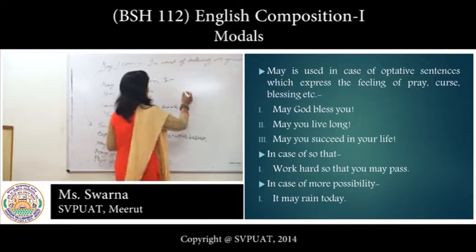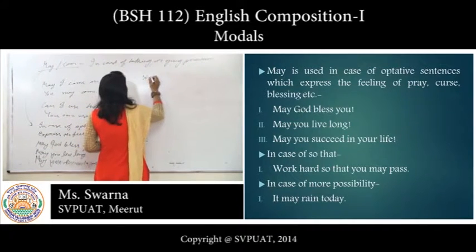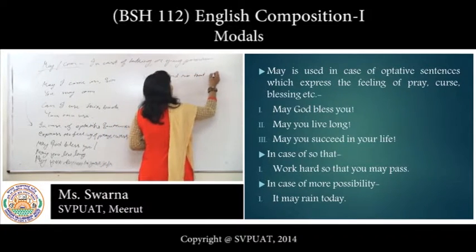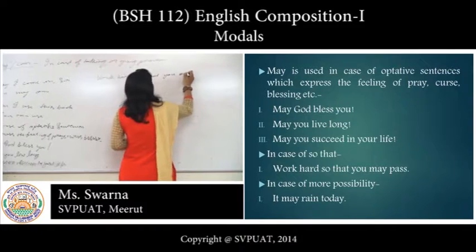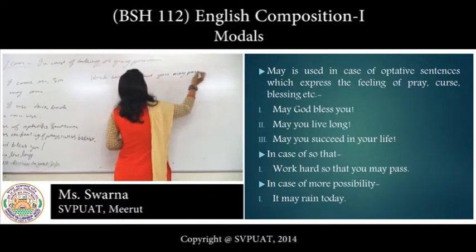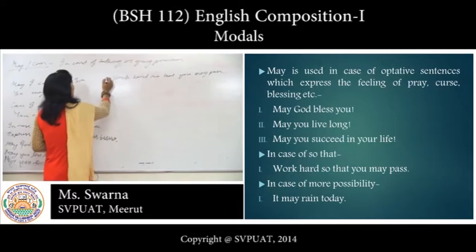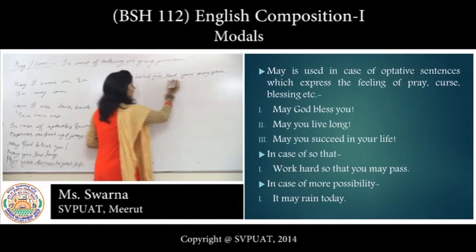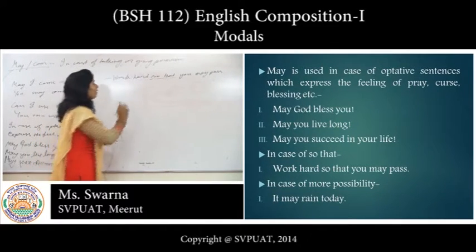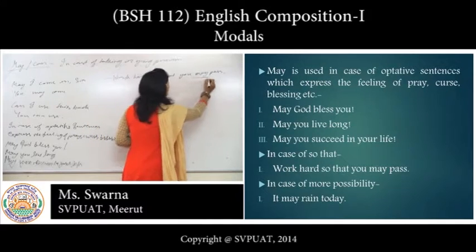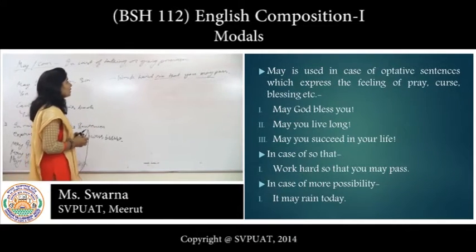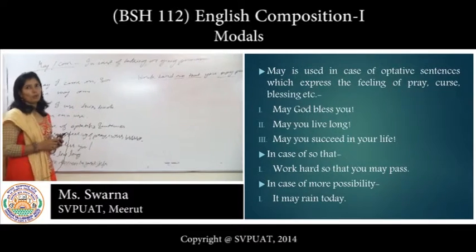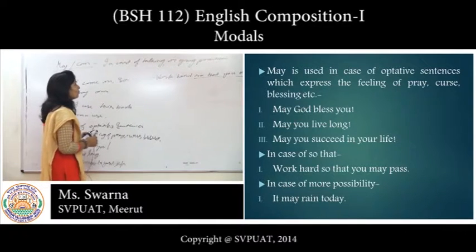In these sentences we have used the conjunction so that, and with so that we have used the modal may. So in case of the so that conjunction, we always use the modal may with so that.